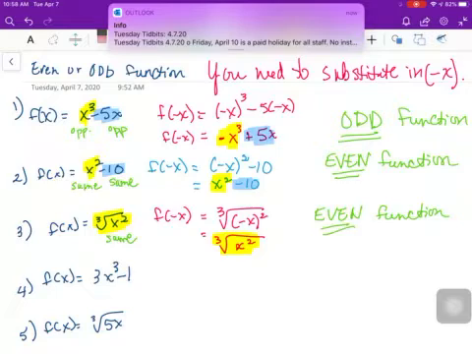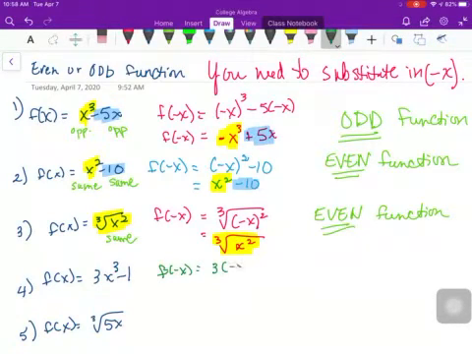Let's try the next one. Plug in a negative x. I get 3 times a negative x quantity cubed minus 1. Negative 1 times negative 1 times negative 1 is negative. X times x times x is x cubed, which gives me 3 times a negative x cubed minus 1, or negative 3x cubed minus 1. So I am now ready to check my terms.